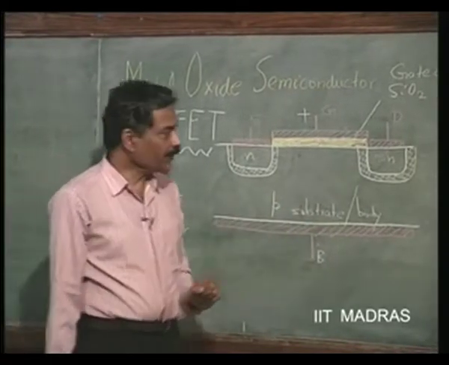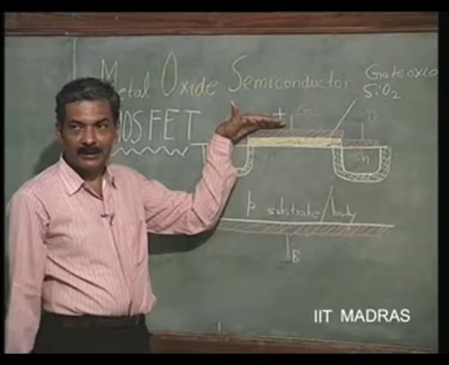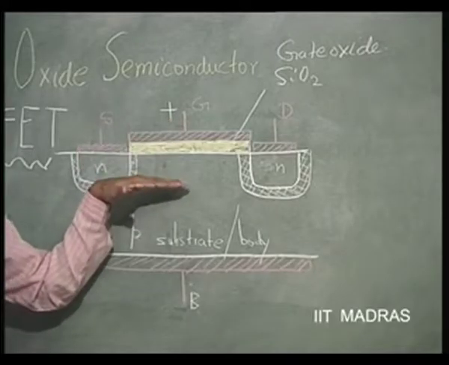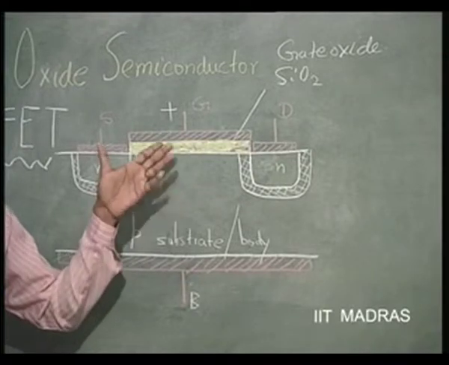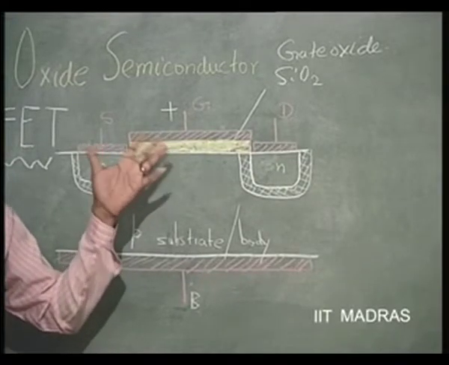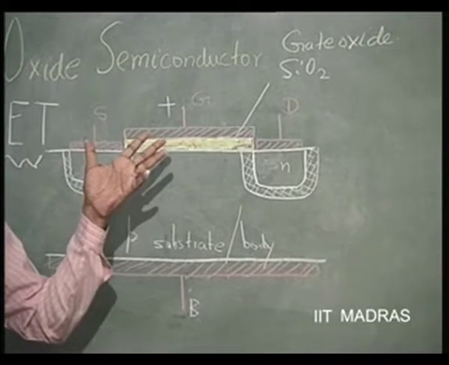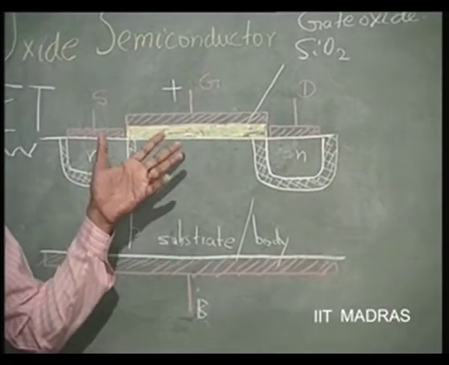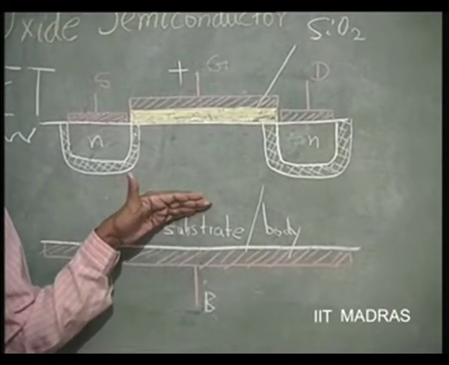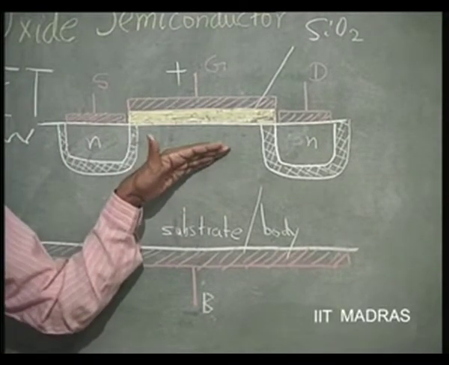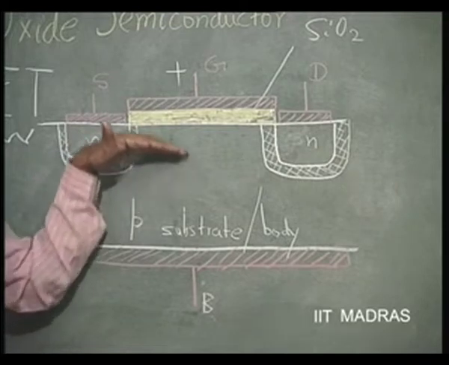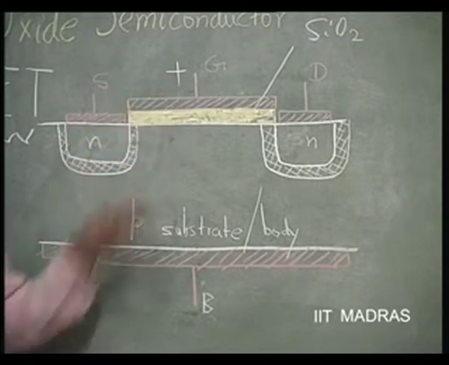So, what is likely to happen is the positive voltage here will cause attraction of first the mobile carriers which are negatively charged. What are they? Electrons. They are the minority carriers here in the p type substrate which are negatively charged, and these negatively charged ones can easily go over to the surface.